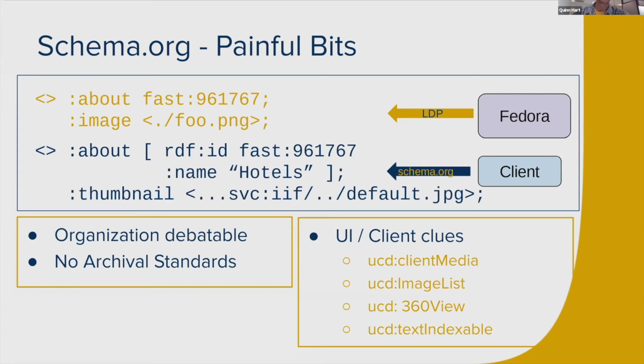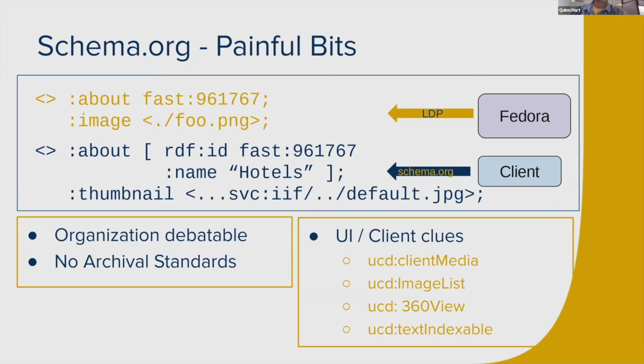And then we might also add a common thumbnail to every single object in the system. As I said before, we've organized our data in one way using schema.org, but somebody else might come up with a different methodology. It's not super clear how you would do that.